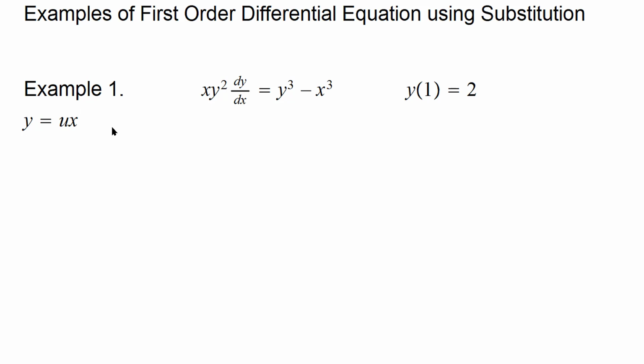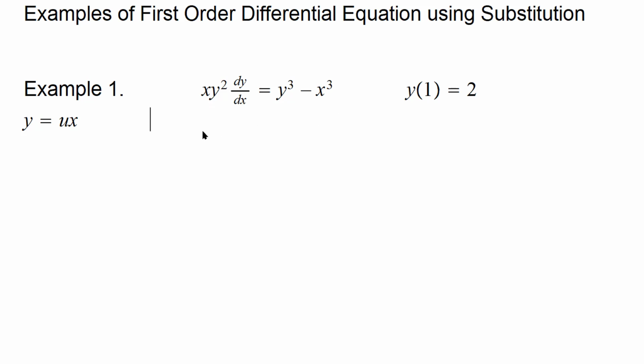Since we are taking y as ux, because here we have degree 3, here we have degree 3, x cubed could be factored out and they will cancel.